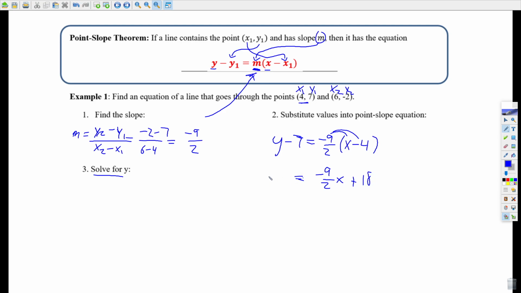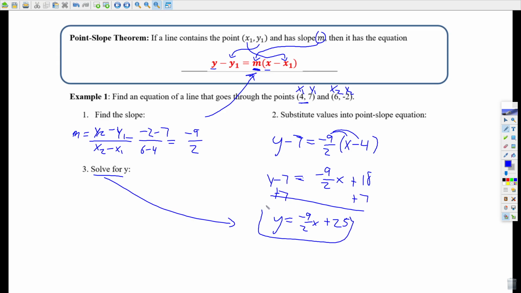And the other side is y minus 7. And then to get rid of the minus 7, we add 7, and that gets added to the 18. So we have y equals negative 9 over 2x plus 18 plus 7, 25. And so that's step 3 to get the equation.